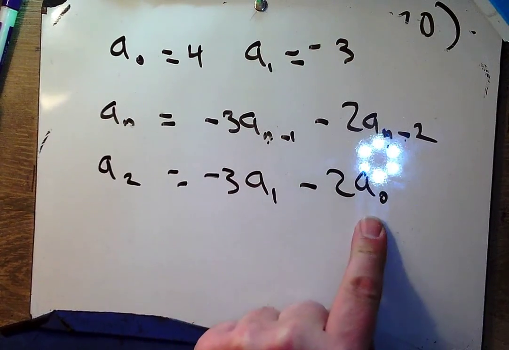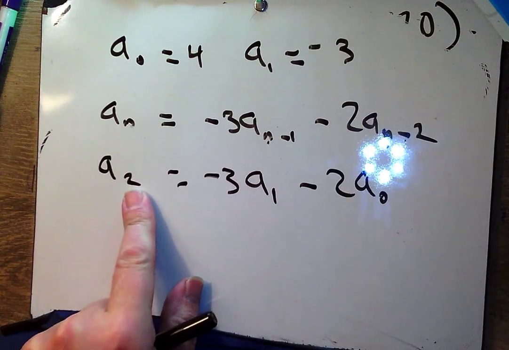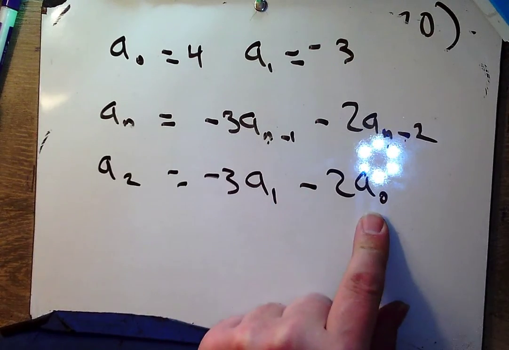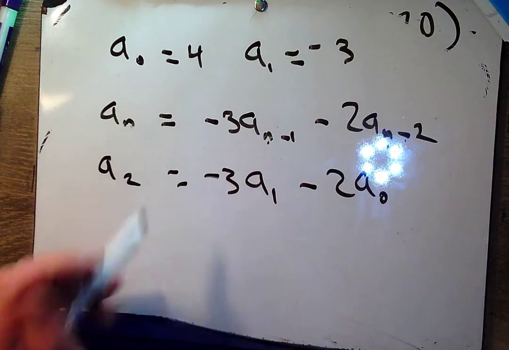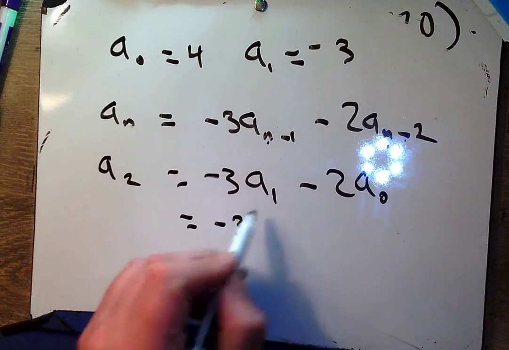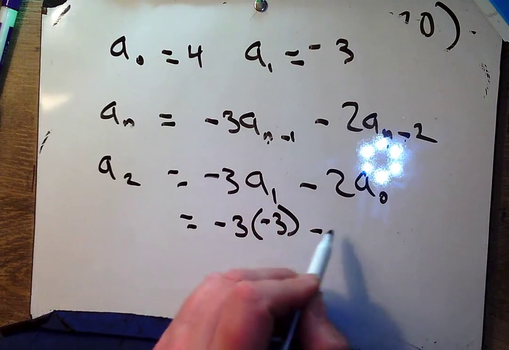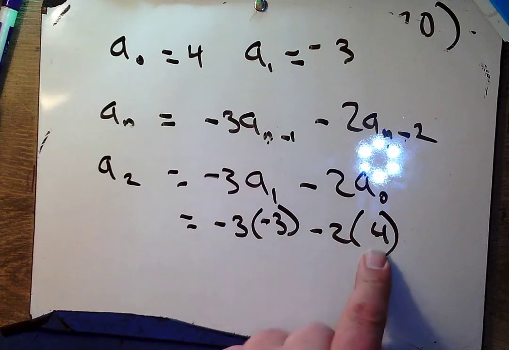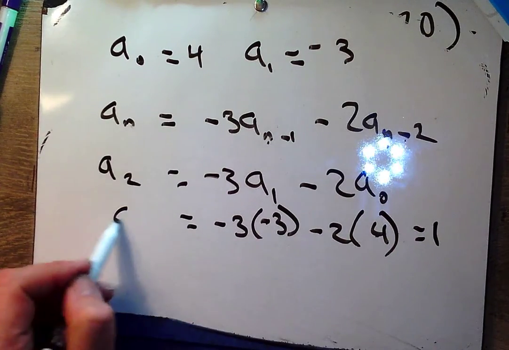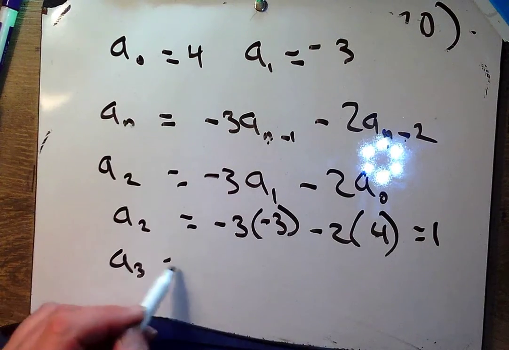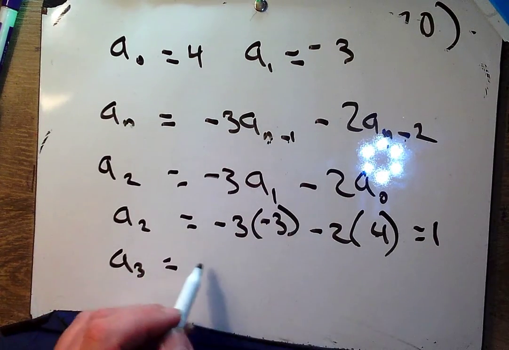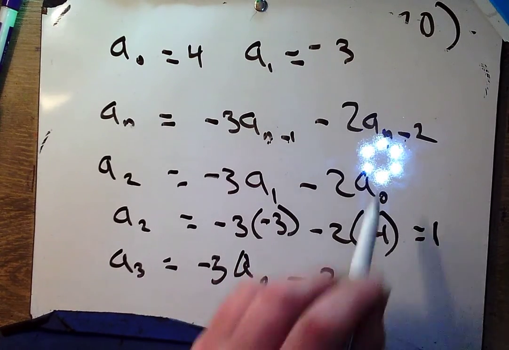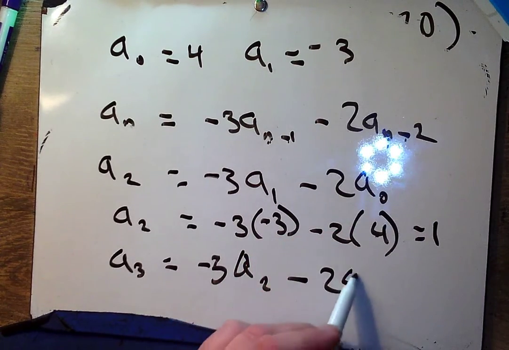Oh, I see. So to find this term, I need negative 3 times the last one minus 2 times the one before that. Okay, so that's going to be negative 3 times negative 3 minus 2 times positive 4. So there's 9 minus 8 is 1. A sub 2 is 1. A sub 3, well, 3 minus 1 is 2, 3 minus 2 is 1.